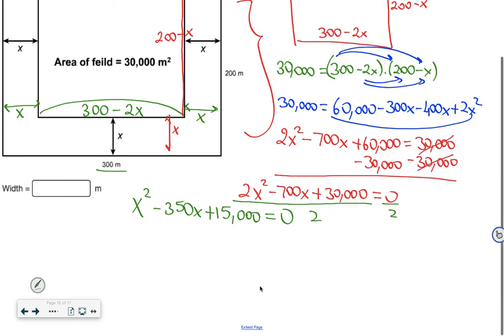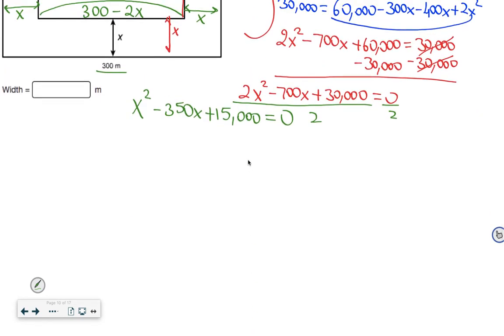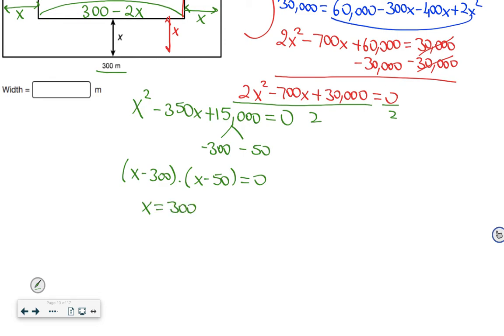What are they? Negative 300 and negative 50 are the factors of 15,000. So I can factorize this expression: x minus 300 times x minus 50 will be equal to 0. From here, x is either 300 or x is equal to 50.